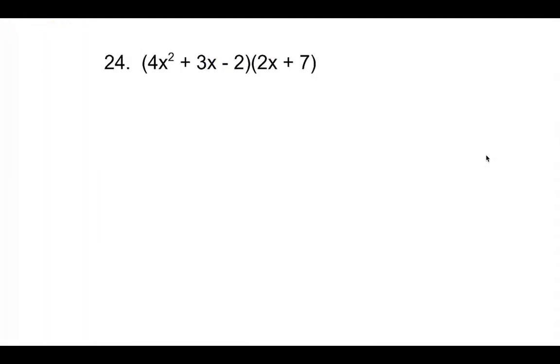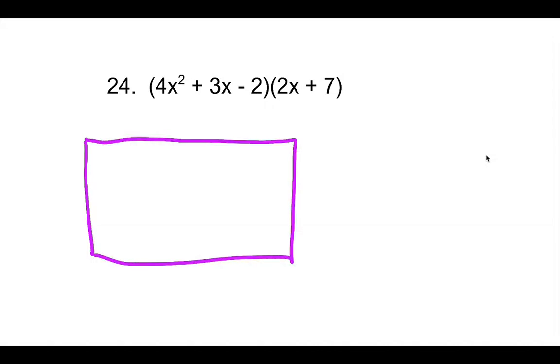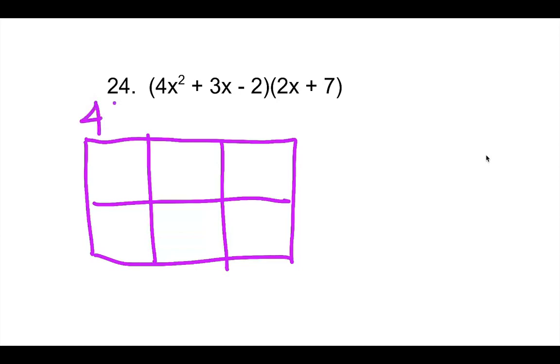Okay, this one we have to do box, or if you are a double distributor, you can do that as well. I'm going to do box because I like the way it organizes it for me. So 4x squared, 3x, negative 2, 2x, and 7.